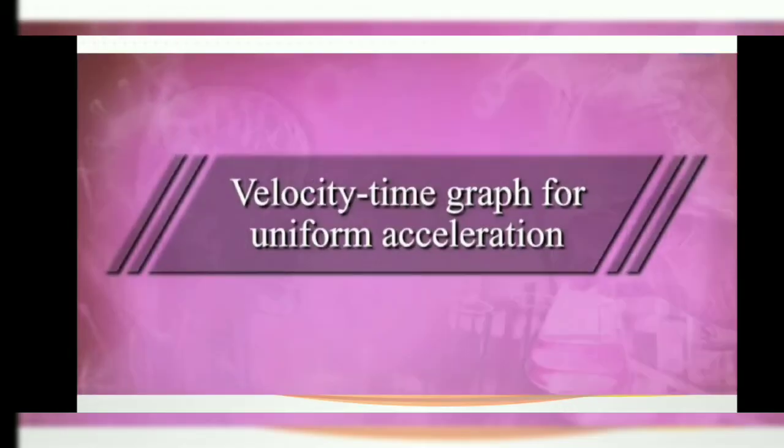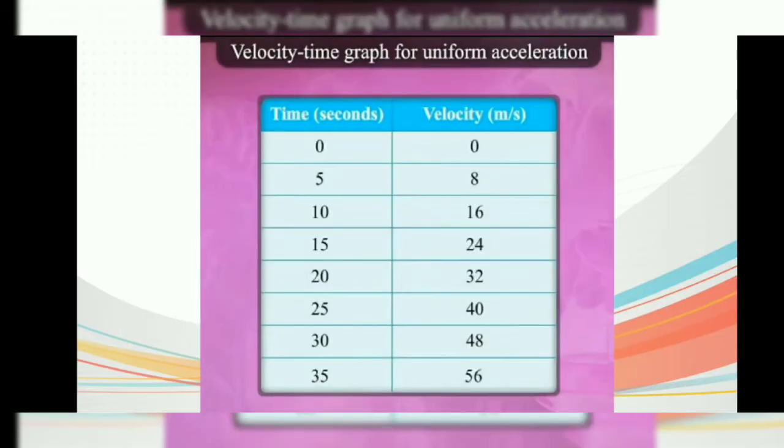Velocity time graph for uniform acceleration. Now children, the changes in velocity of a car in specific time intervals are given in the table shown here: time in seconds and velocity in meters per second.